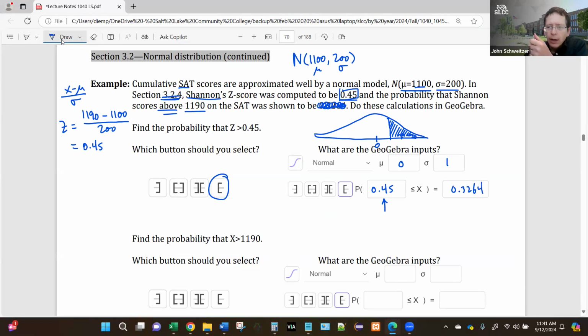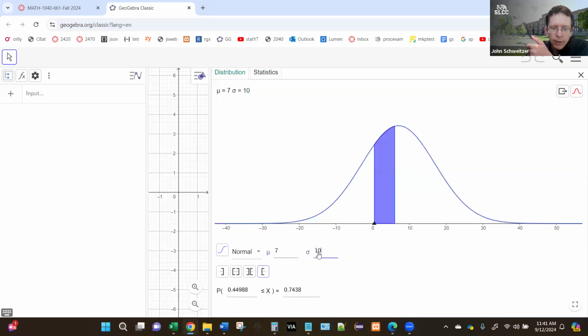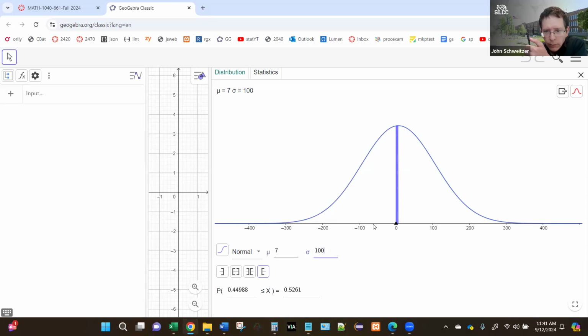Okay, now, if you were playing around with GeoGebra last time, and especially if you've maybe done some homework, you might have asked yourself, is it possible to alter the mean and the standard deviation, for example? Yes. By doing that, you change the center and the spread in the normal distribution.